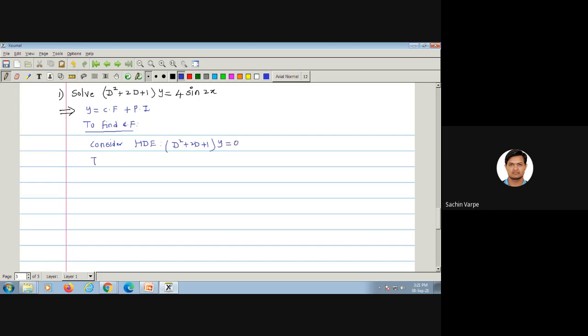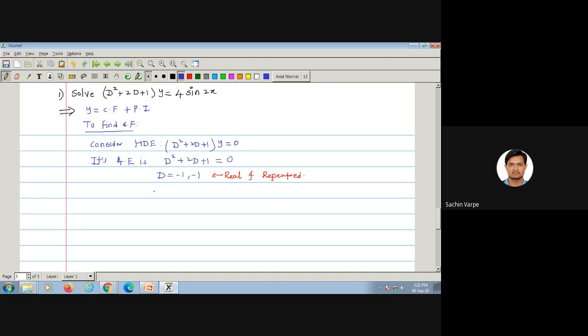So its auxiliary equation is d square plus 2d plus 1 equals 0. So the roots of the auxiliary equation are minus 1, right? Because this is the expansion of d plus 1 the whole square. So the roots are real and repeated.